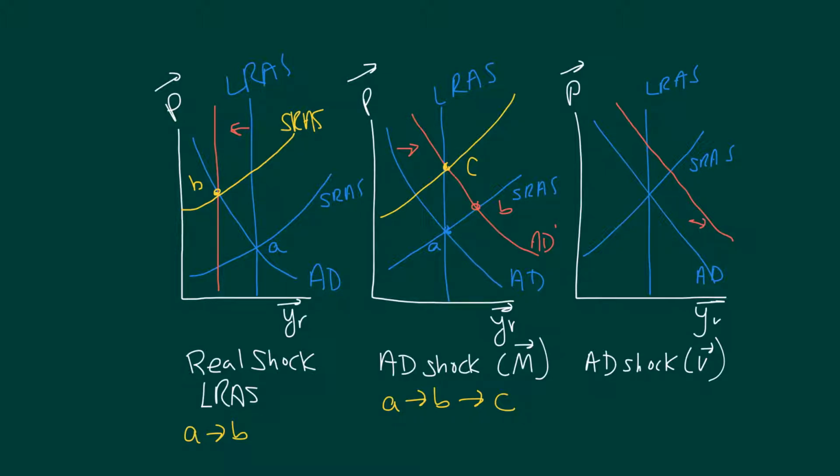So at first we were at point A. After the increase in our velocity of spending caused by an increase in government spending, we are at point B. When this increased velocity goes away, so does the shift in aggregate demand. And so we really do just shift back to where we started. So this one is going to be A to B and back where you started.